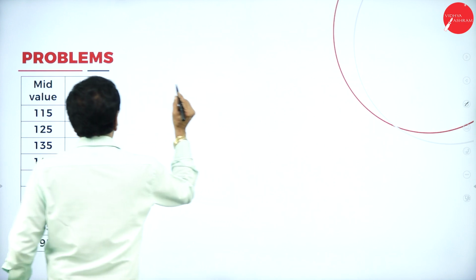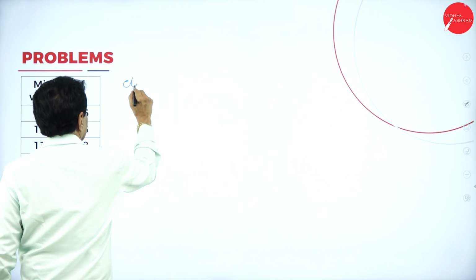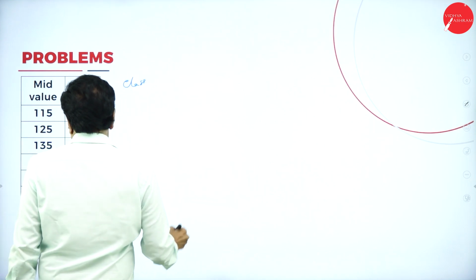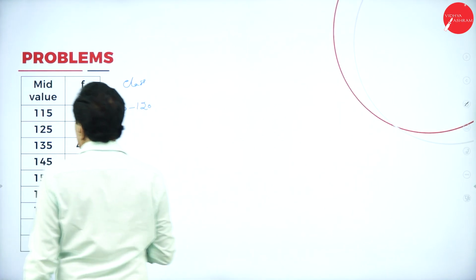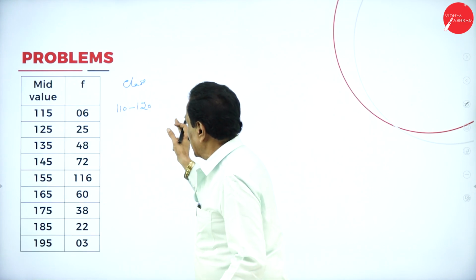Now construct the class. This is 110 to 120, deduct 5, add 5.